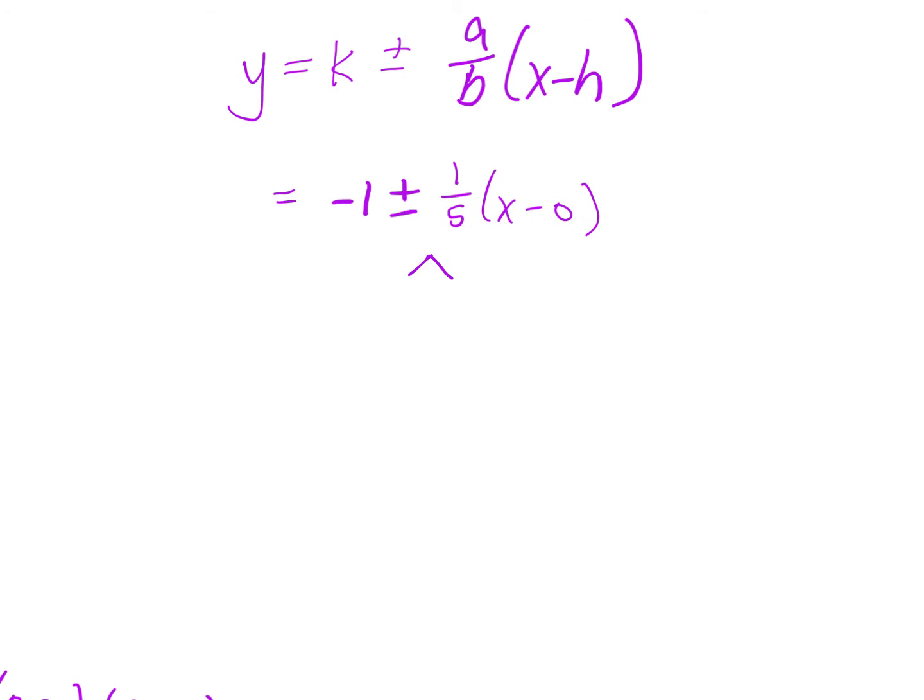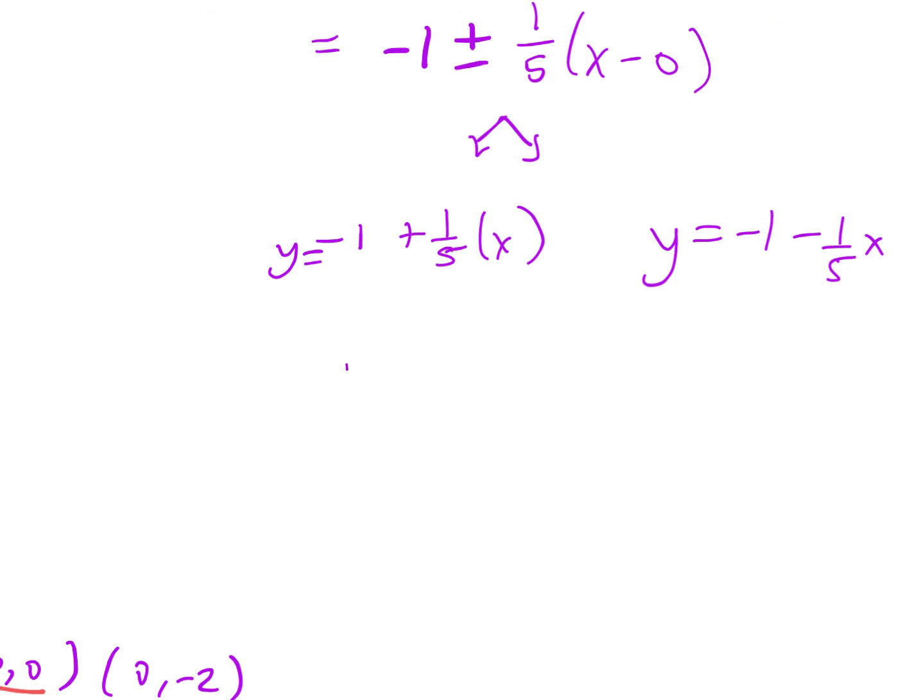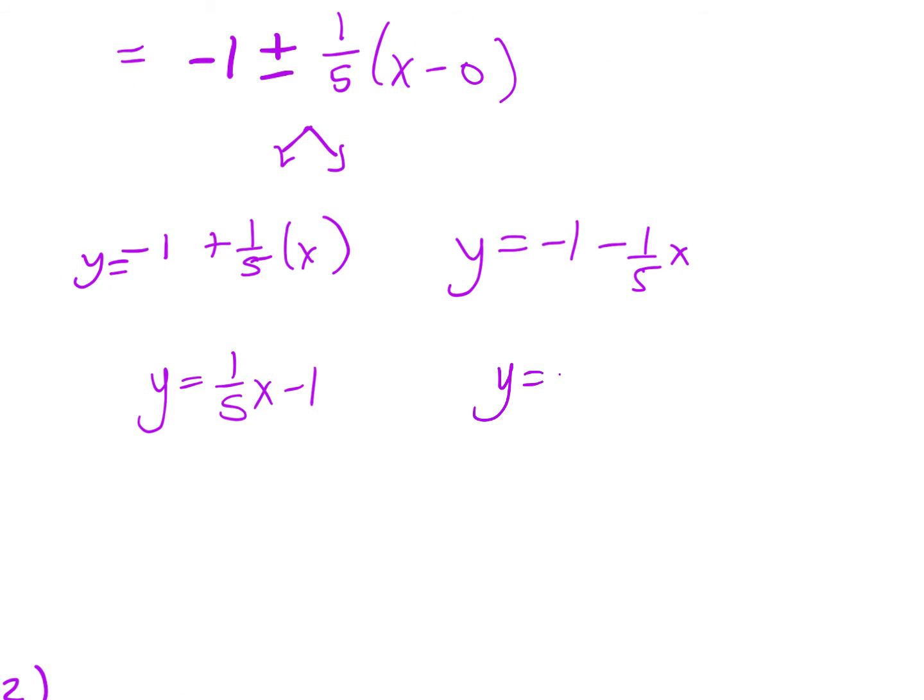So you have two equations here, guys, because you have two asymptotes. You have y equals -1 plus 1/5 times x, and you have y equals -1 minus 1/5 times x, correct? If you're going to write that in the equation of a line, you'd have y equals 1/5 x minus 1, and you'd have y equals -1/5 x minus 1.